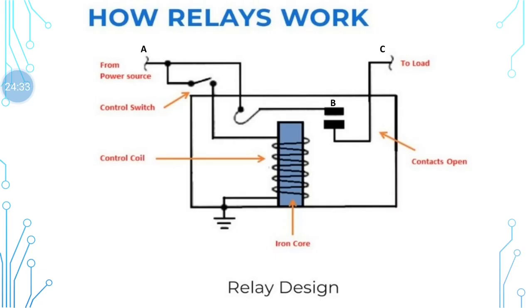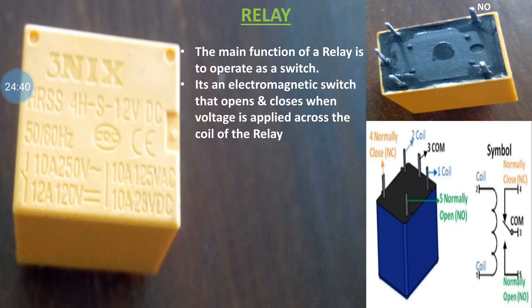How a relay works is commonly shown over here. First, let's see this one. Here you can see this is the normally closed terminal, and this is the normally open. These 2 points of a relay are a coil connected internally, as shown here.